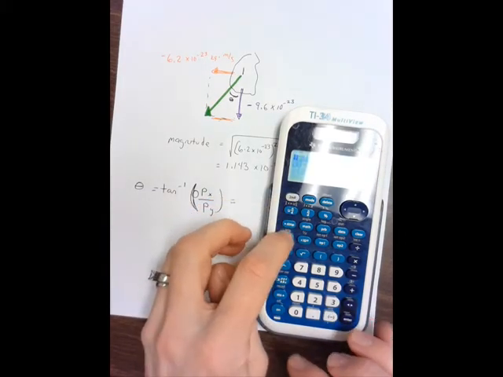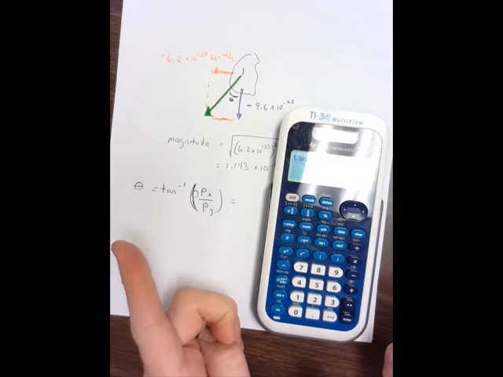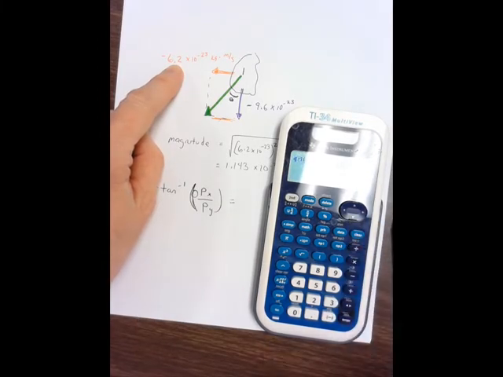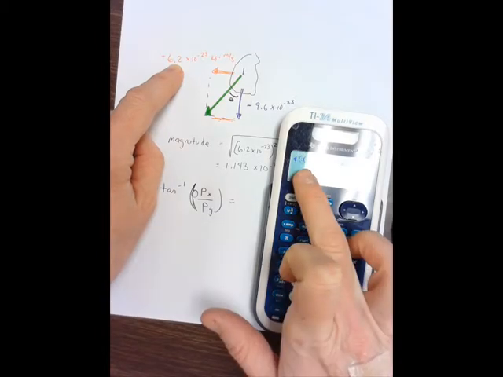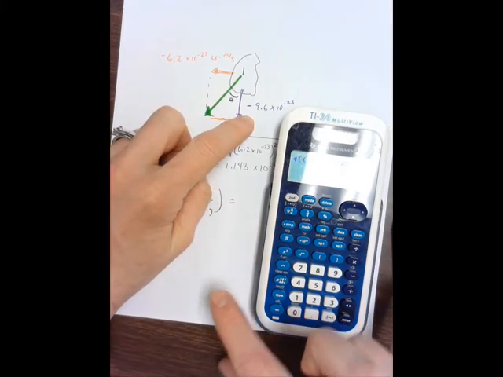Accessing the trig functions on this calculator is not fun, but inverse tangent of, and again, my opposite is the x component of 6.2 times 10 to the negative 23, and I have to come out of scientific notation to close parentheses, divided by, and I don't think that the parentheses around scientific notation are necessary for my calculator, but I prefer to be safe rather than sorry, making sure the calculator sees that scientifically notated number as a number and not doing something weird with powers of 10.